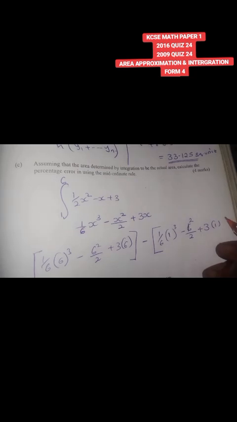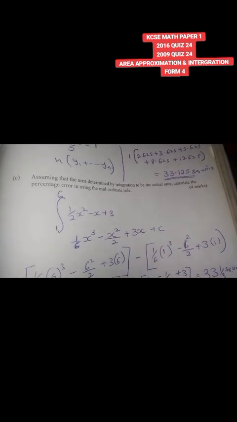I subtract the same equation, where I replace x by 1: 1 cubed minus 1 squared over 2 plus 3 into 1. You can say here it is plus c, there's no problem with that. So if you replace this, you're going to have 33 1/3.